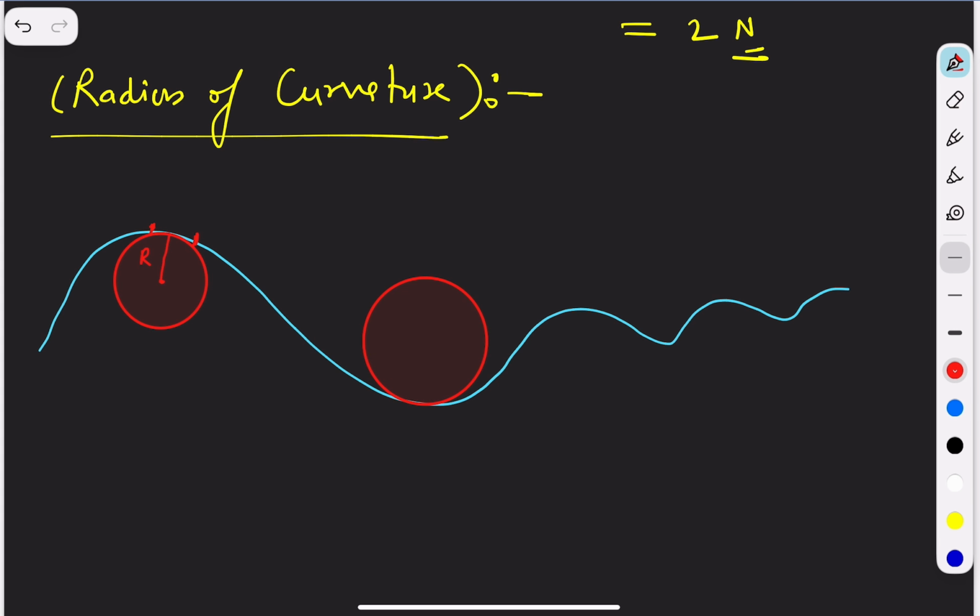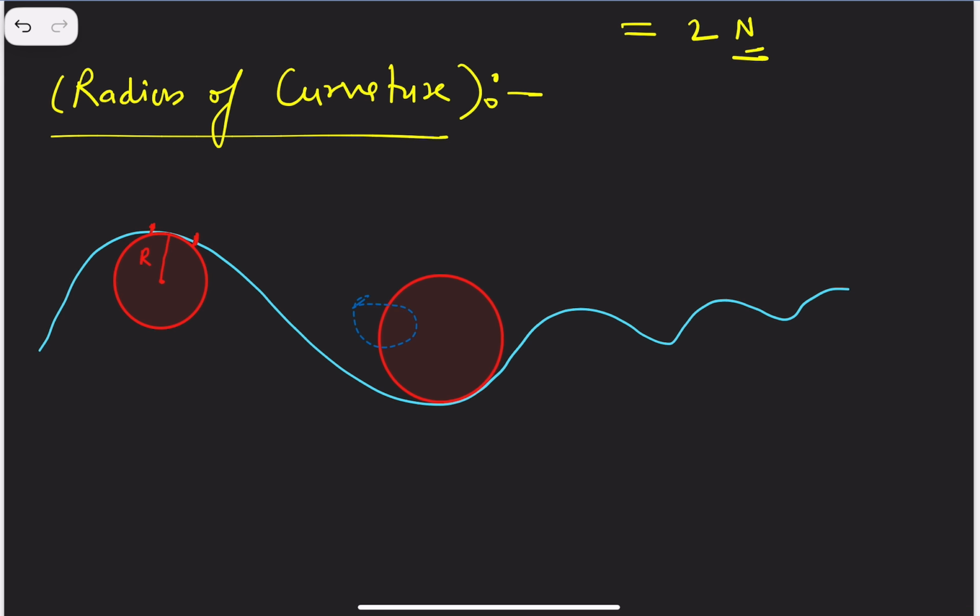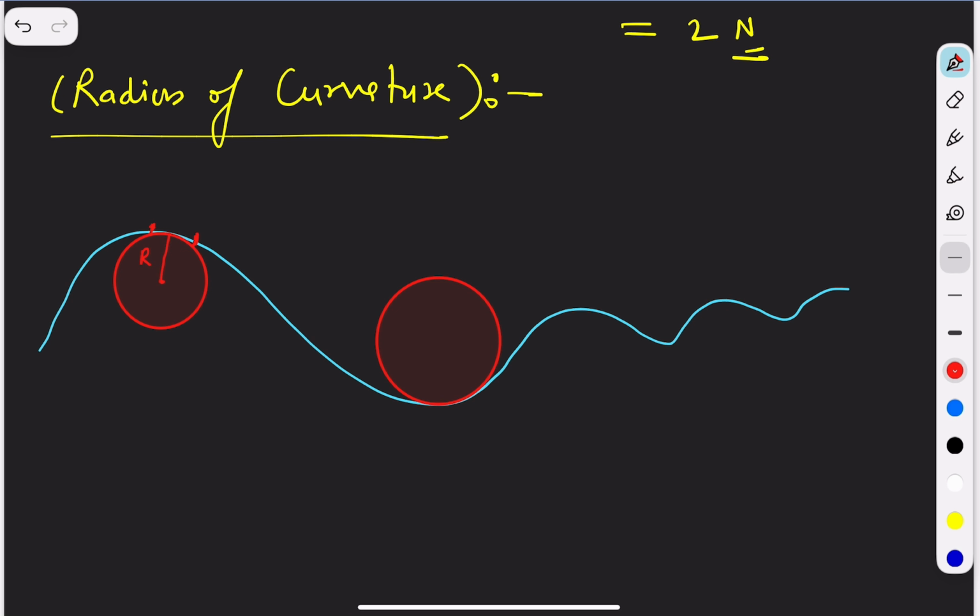If I place it here properly, you can see that this much part is completely getting overlapped on this size of circle.